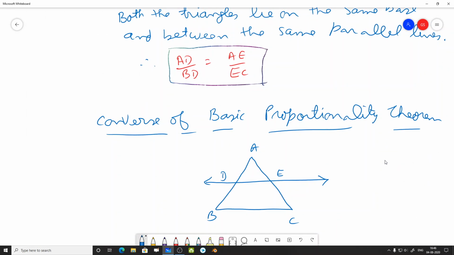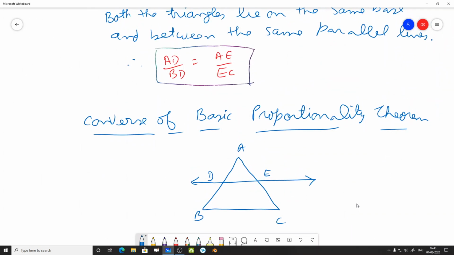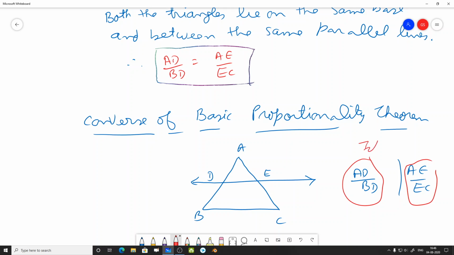Now let us find the ratio of AD by BD and the ratio of AE over EC. If AD by BD equals AE by EC, then we will say that DE will be parallel to BC.